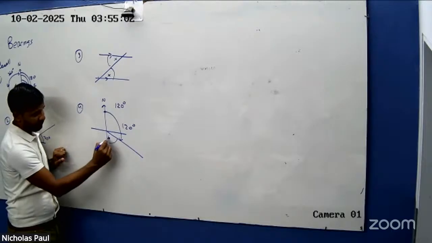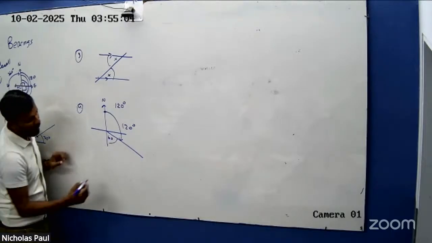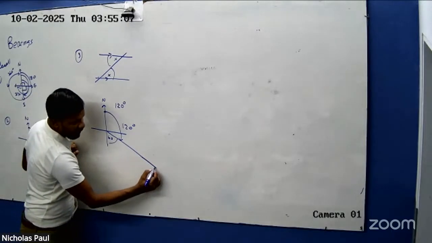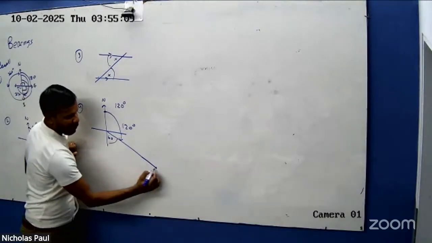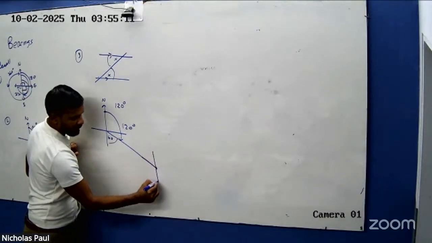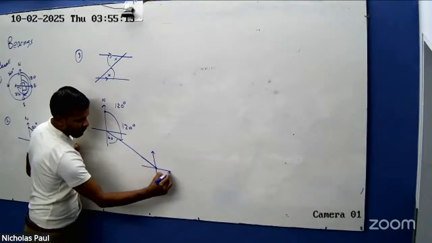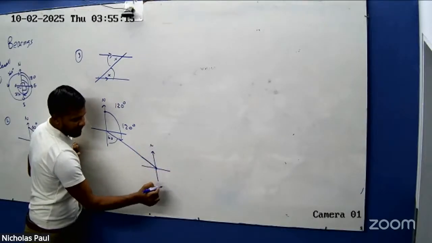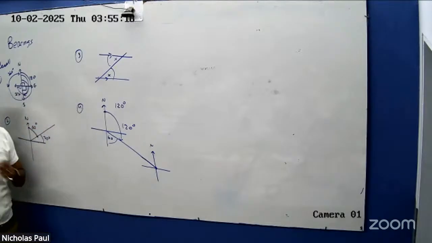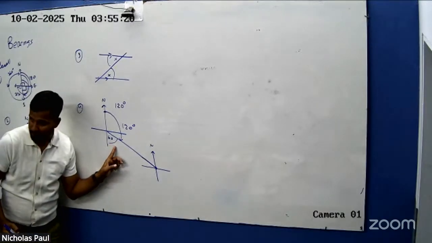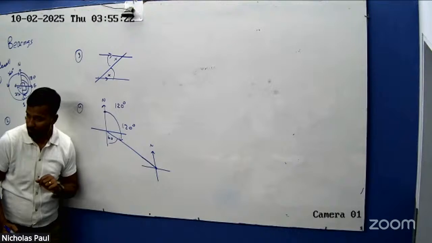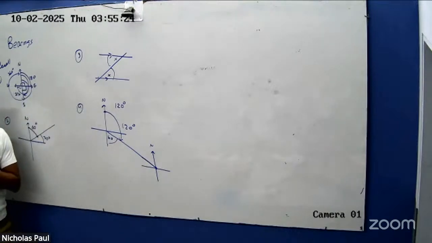Good. Now, what would happen if I draw next the cardinal points right here? North, and the same south and everything. If here is 60, how much is here? 60.